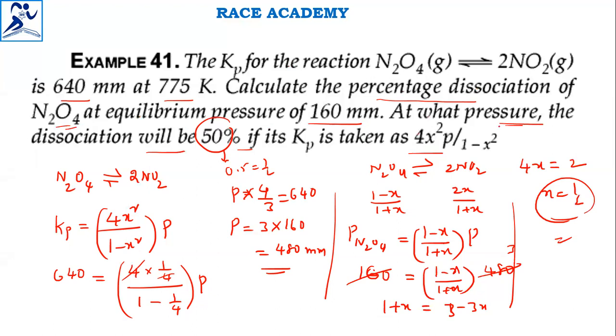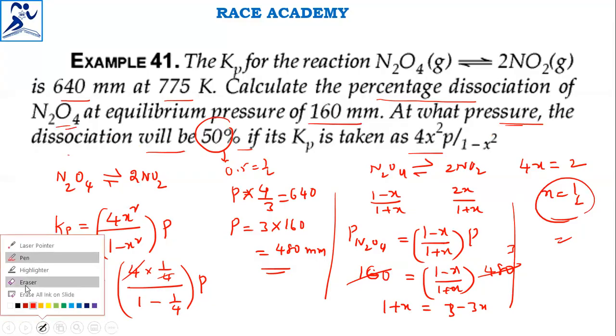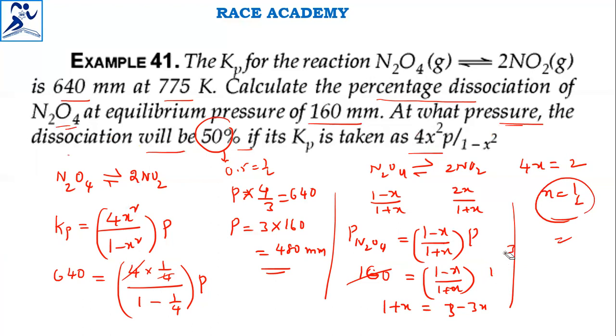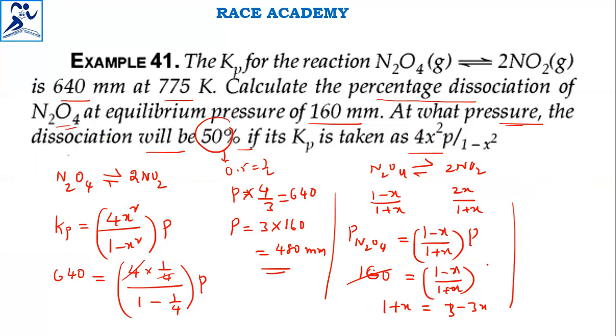Another one: at what pressure is the dissociation 50%? In such a case, you have to think about the 640 value only. If you take the 640 value, you will get a different value of x. 640 is 4 times, it gets cancelled.